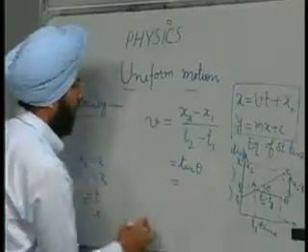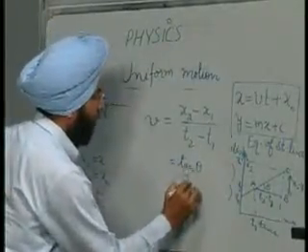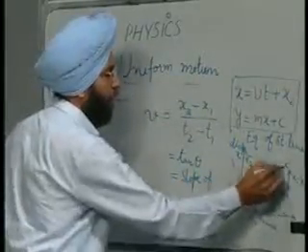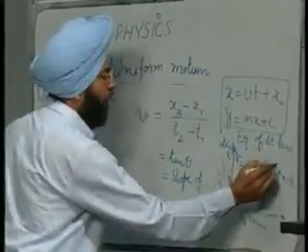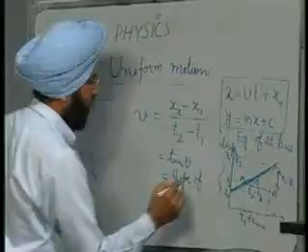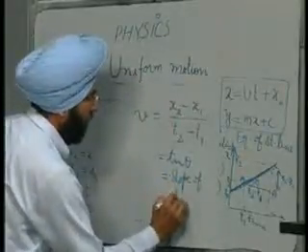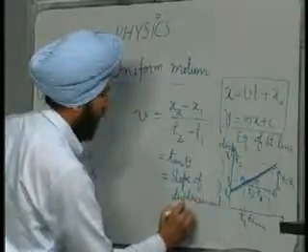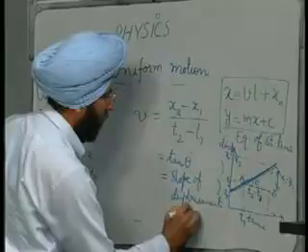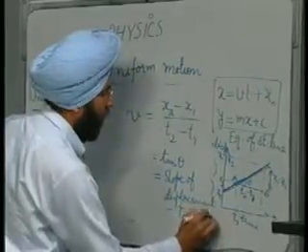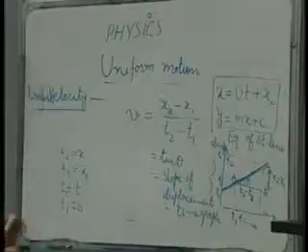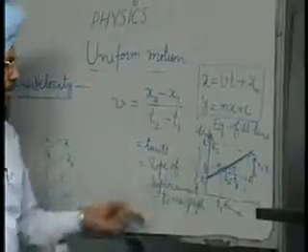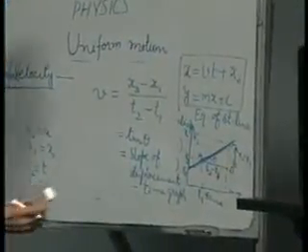So, tan theta is slope of this line, the displacement time graph. So, velocity in the case of a uniform motion is equal to slope of the displacement time graph.